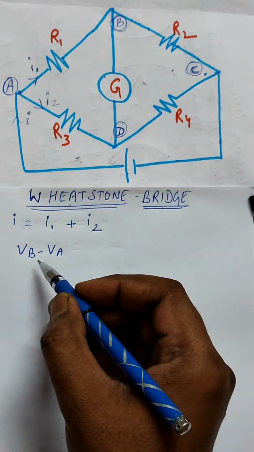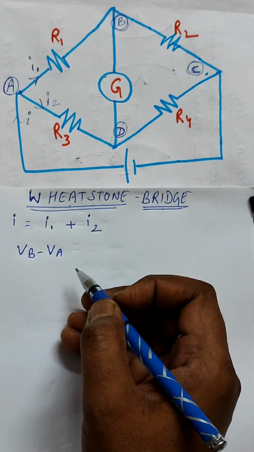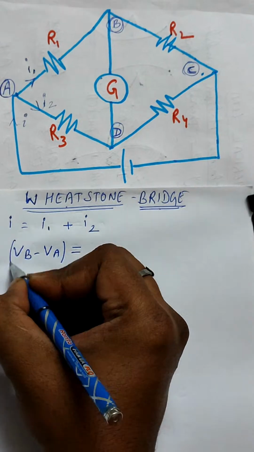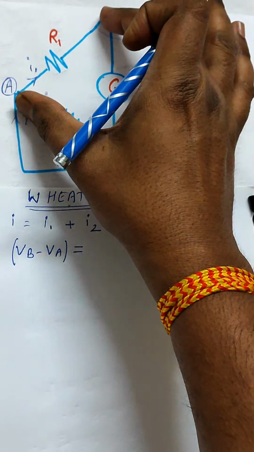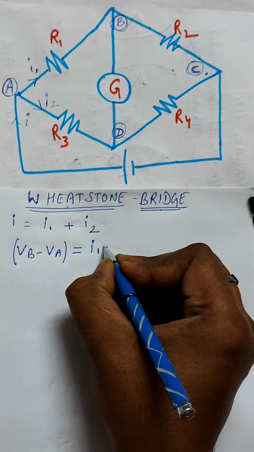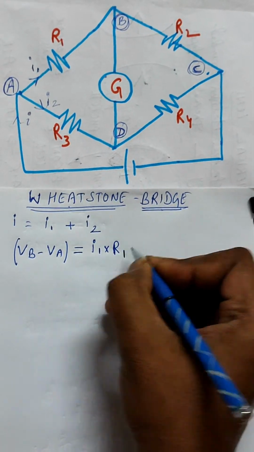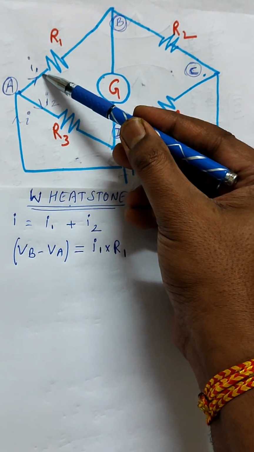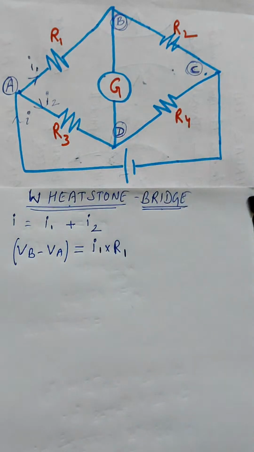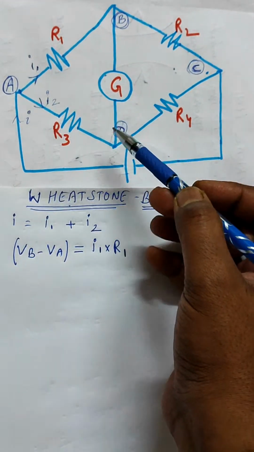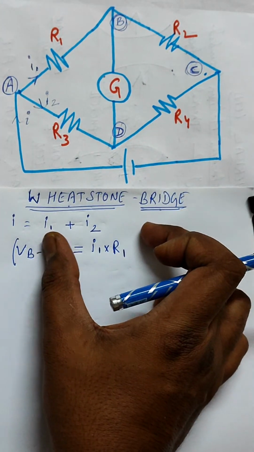By Ohm's law, this potential difference will be equal to I1 into R1, because I1 is the current coming into this branch.